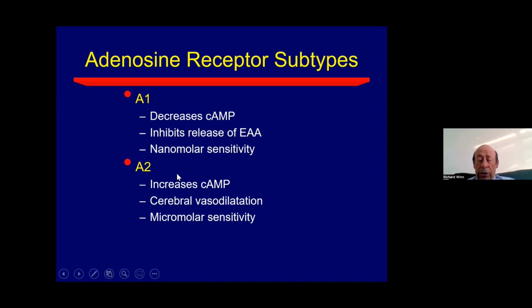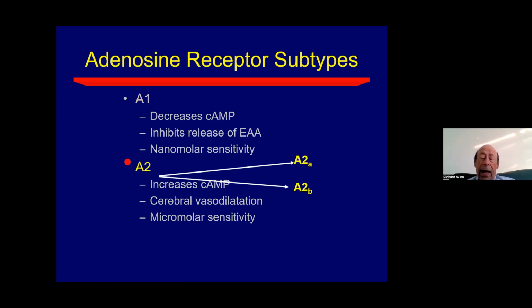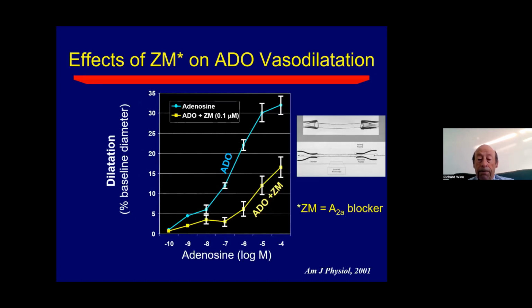In contrast, the vascular elements involved in adenosine regulation have 2 receptors, the A2A and A2B. These, in contrast, increase cyclic AMP. It's a vasodilatation, as you have seen, and the sensitivity is a little higher, in the micromolar range.